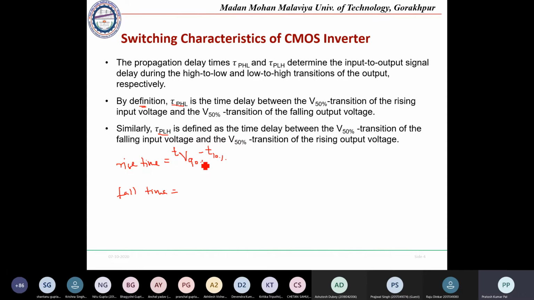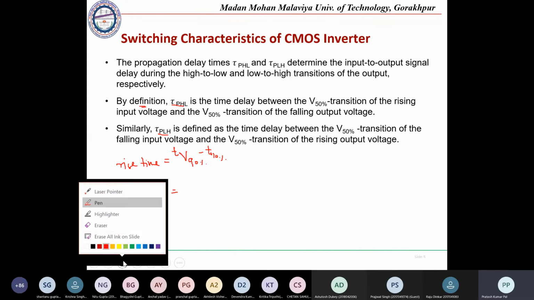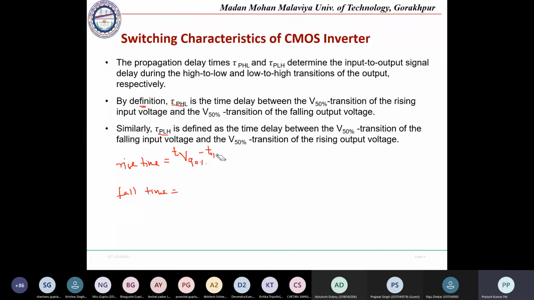That means from 10% to 90%. So how much time it takes to rise from 10% voltage to 90% will be considered as your rise time.